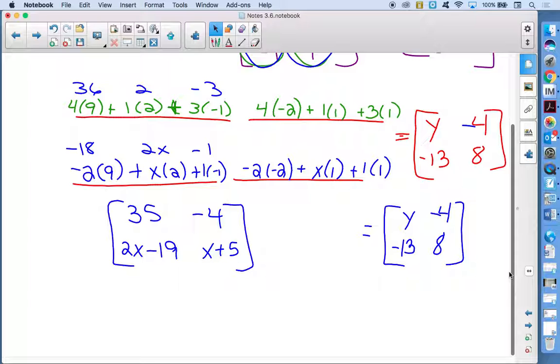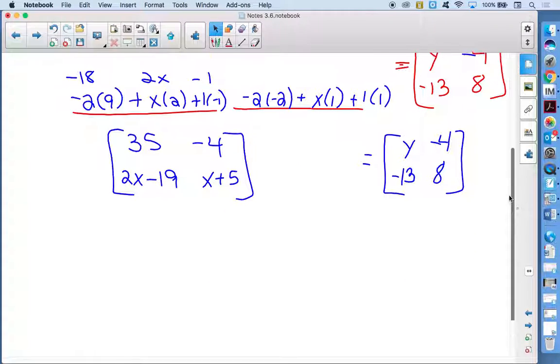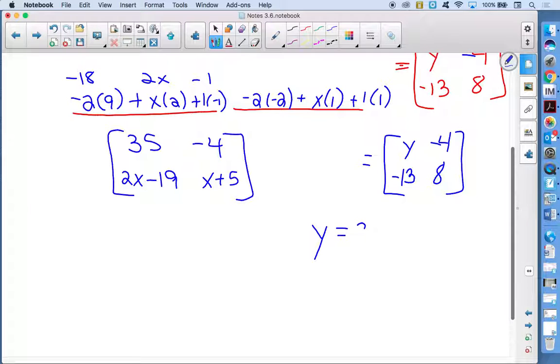So Paige, how would we get the x or the y values? Well, the y is just 35 because it's in the corresponding spot. Okay. And then to solve for x, you would put 2x minus 19 equal to negative 13. And x is positive 3.